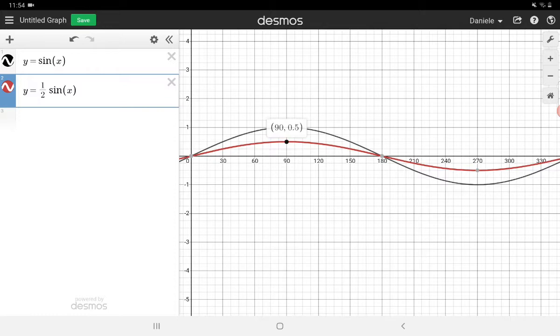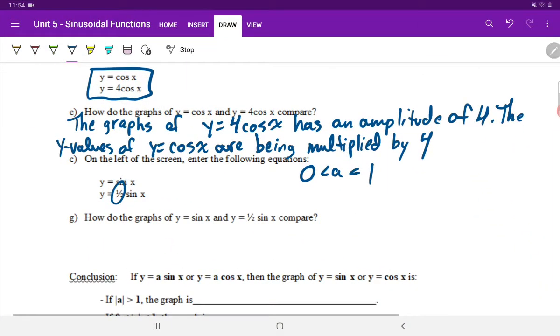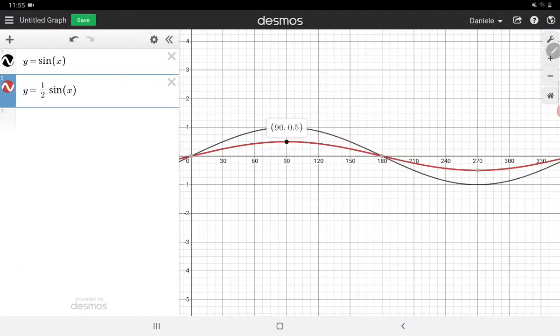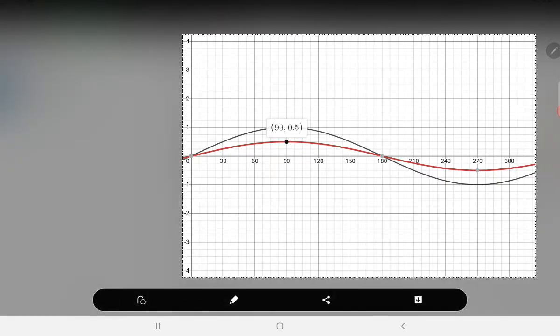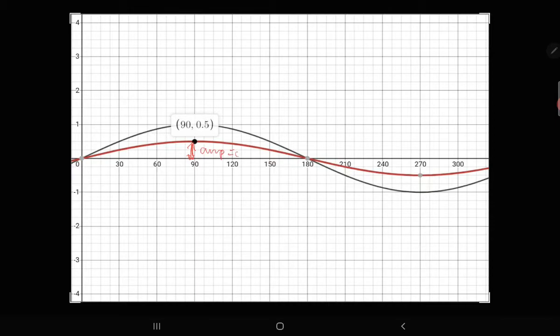Okay, and so what is our new amplitude? Our new amplitude here now, from the equation of axis to the maximum, amplitude equals 0.5.